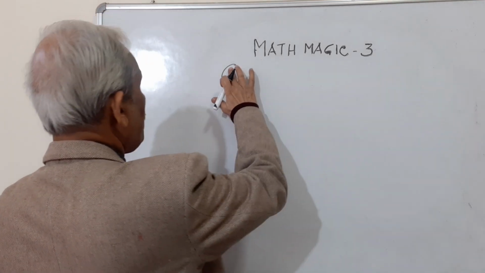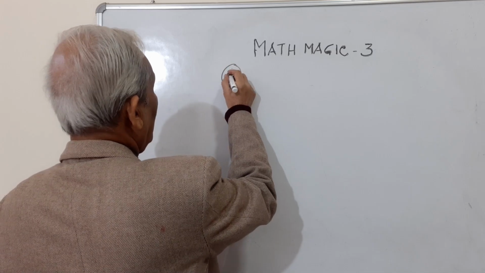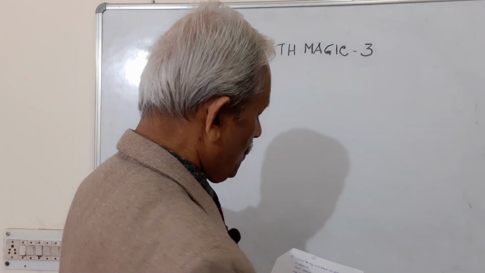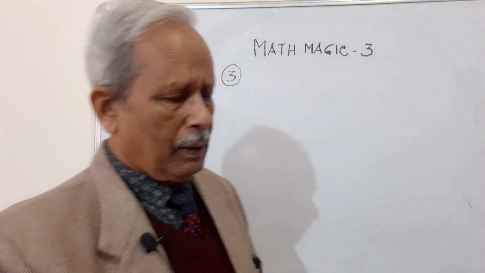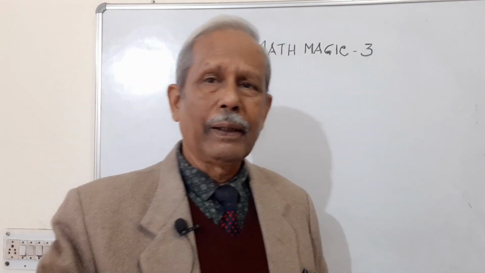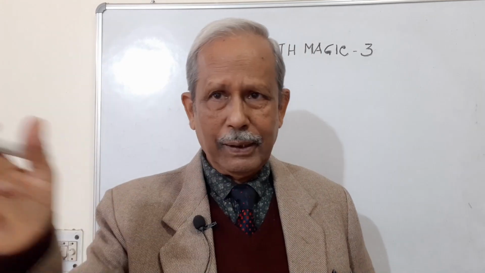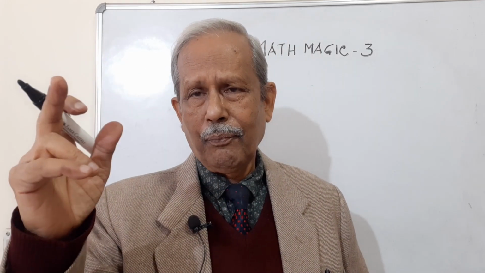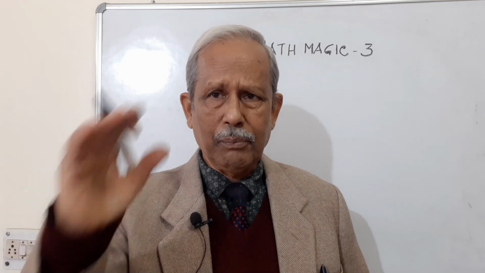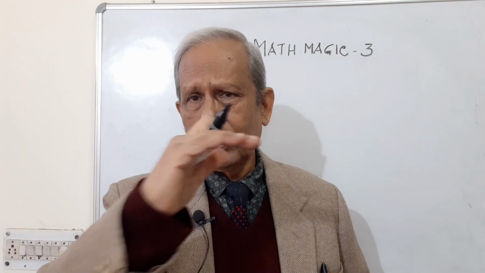Well, let us see the next question. Question number 3. Choose any 3 by 3 block of numbers from a calendar: 10, 11, 12, then the next three numbers in the second row, and three in the third row.